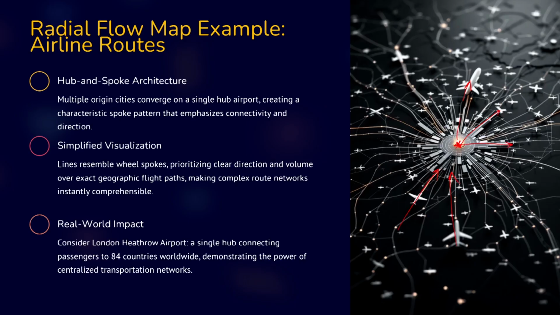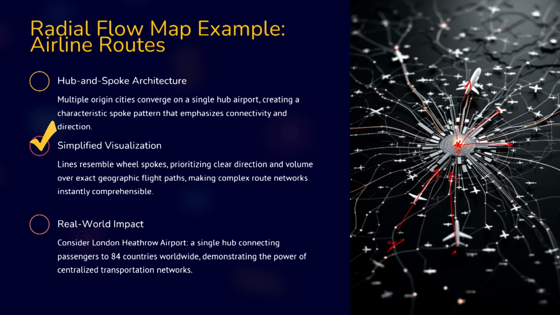This has multiple origin cities converging on a single hub port, creating a characteristic spoke pattern that emphasizes connectivity and direction. When you talk about multiple origins, the flight starts from some other country or city and lands at one common point. This is inward flow when we have multiple origins.